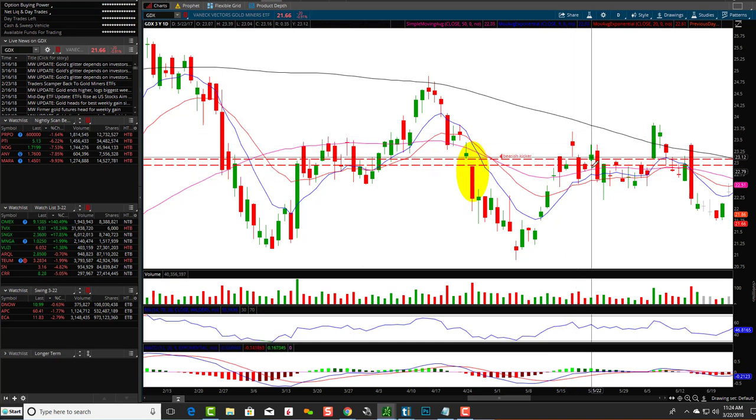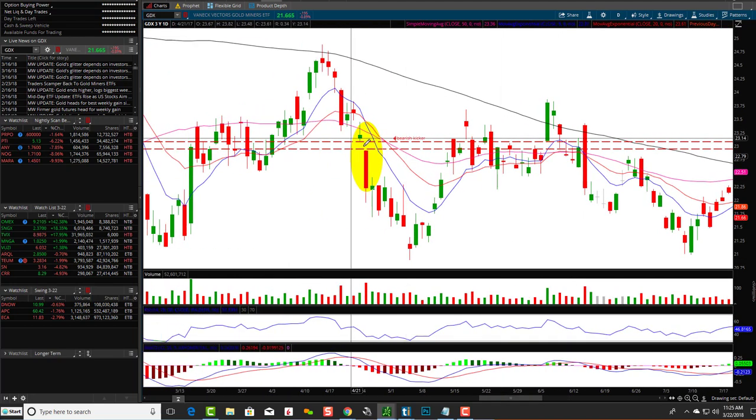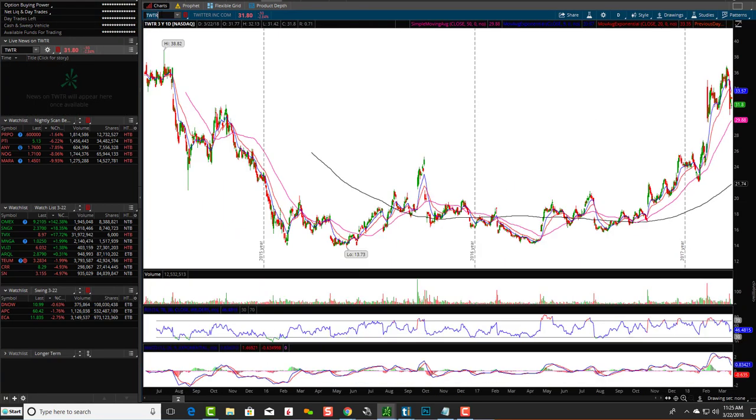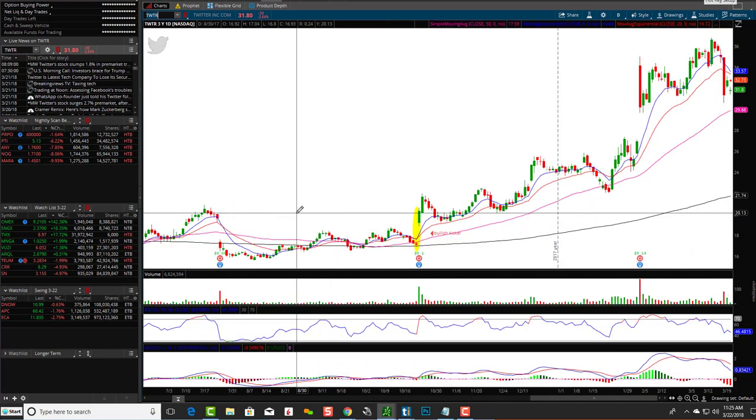What's it do? Comes back down, and look at all this. Again, no coincidence that this is happening. These windows cause really important support and resistance levels that traders are very well aware of. You'll see them over and over and over again.